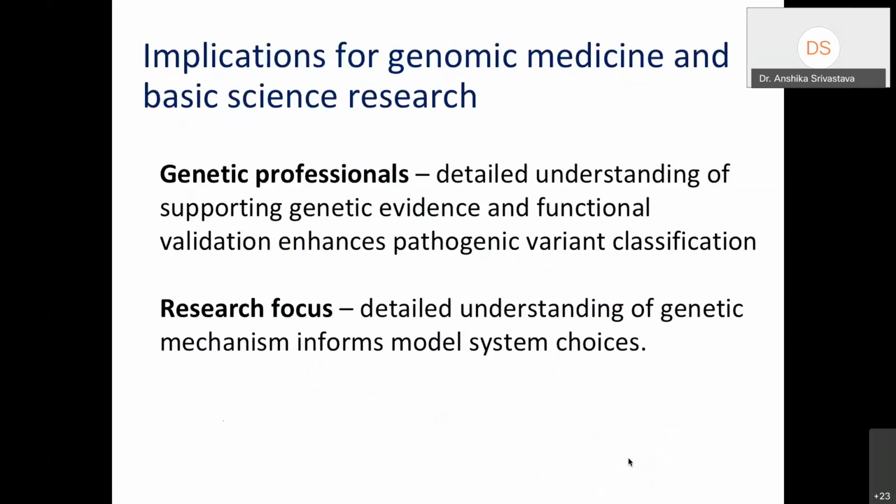So with all this introduction to genomic technologies, now I'll come to a conclusion to my presentation today. These all give us implications for genomic medicine and basic science research. If we talk about genetic professionals, this provides a detailed understanding and supporting genetic evidence and functional validation that enhances pathogenic variant classification.